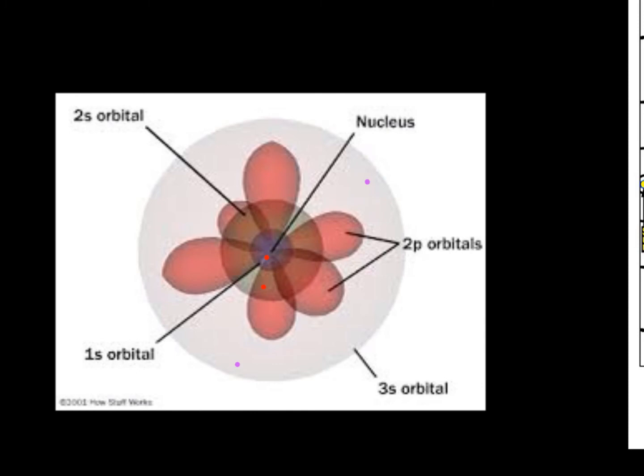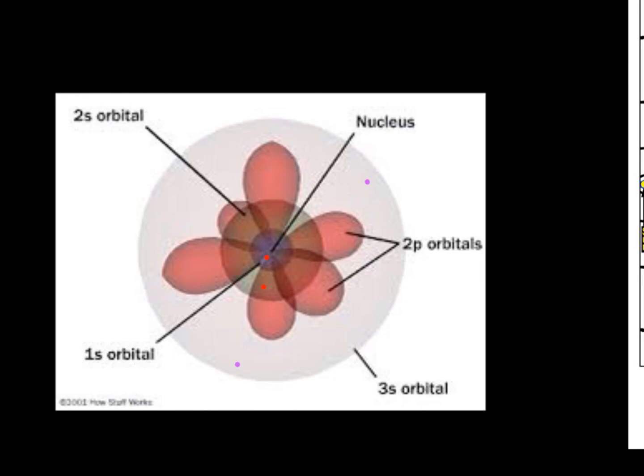As I continue across a period, I'm adding more and more protons. This pull is getting stronger and stronger and stronger. But as I go across a period, those electrons on the same energy level are not shielding each other. They're not causing interference between that outermost electron and the inner nucleus, which means this positive pull becomes more effective.